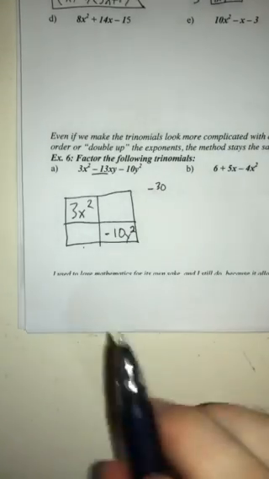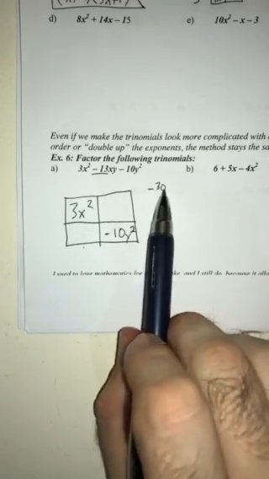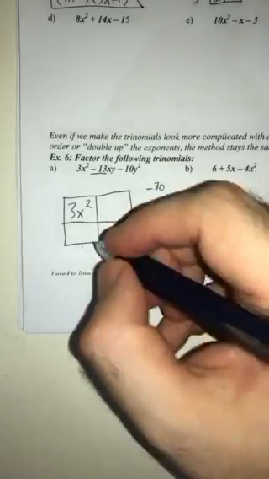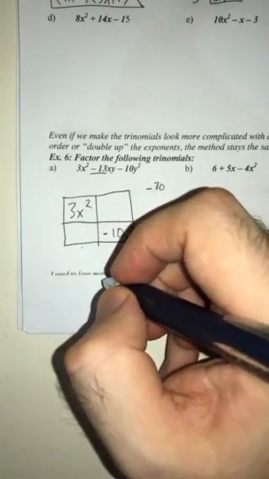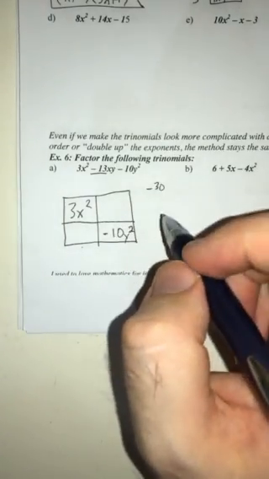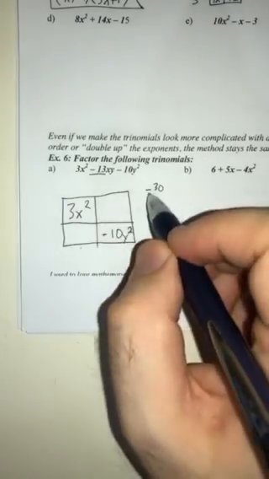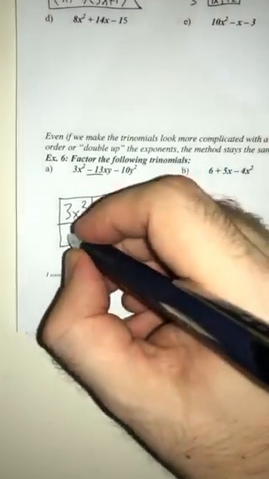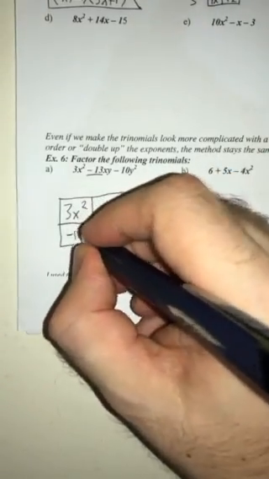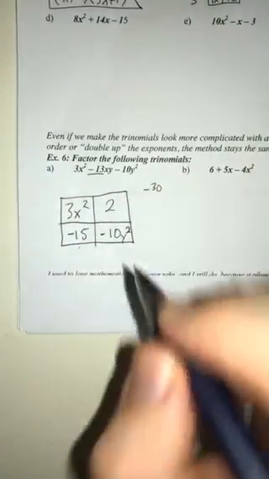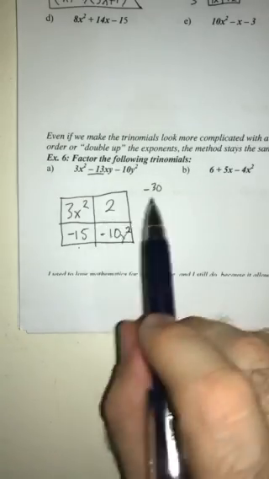Well, you can figure out the multiples of negative 30, but you're going to get, let's see, at first I was like 10 and 3 because I can add those up, but that would give me positive 30. So I would have to do negative 15 and positive 2. Double check that. Yeah, so that's what you would get.